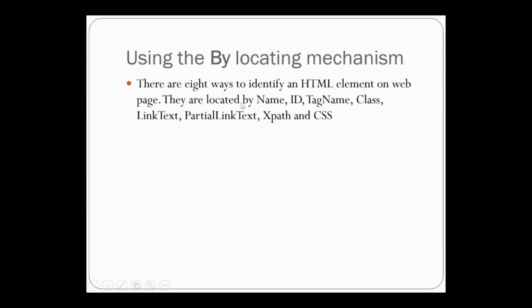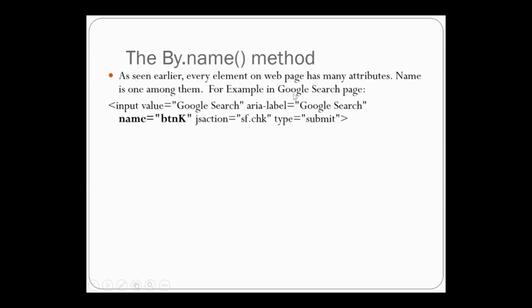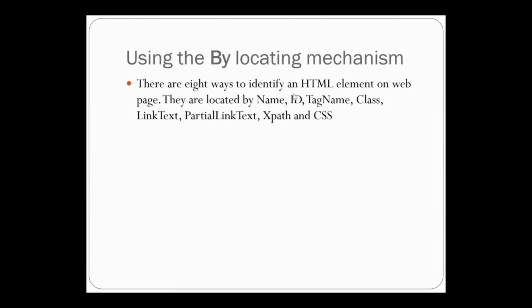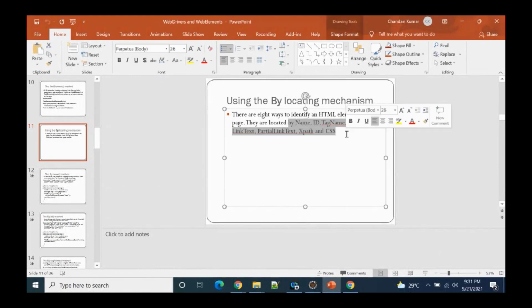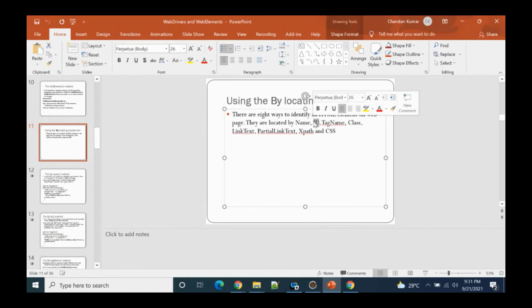They can be located by name, ID, tag name, class name, link text, partial link text, XPath, and CSS. So these 8 ways we can use to locate any element. Remembering these things, name, ID, tag name and all, first we can see whether ID is available or not.